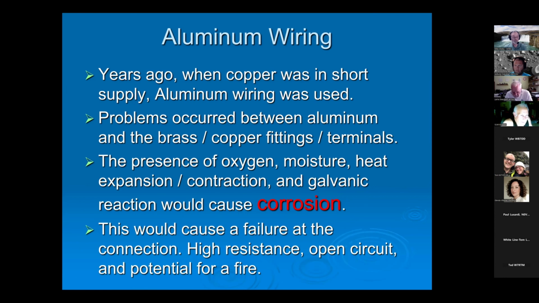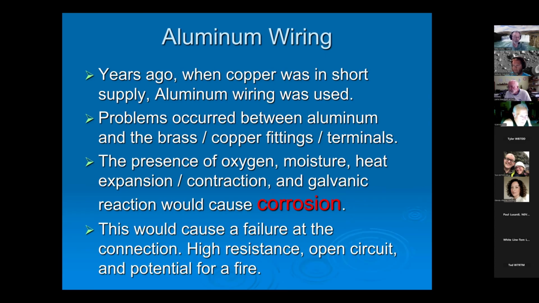Now the problem comes about between aluminum and brass or copper fittings. When you take aluminum wire and clamp it into a brass connector or a copper fitting, you get this galvanic operation that produces oxidation. Add a little bit of moisture, heat, and expansion.